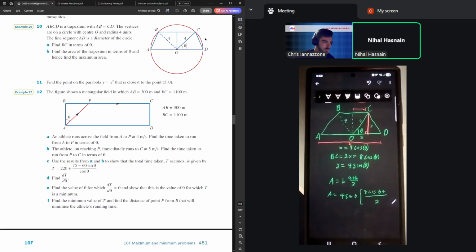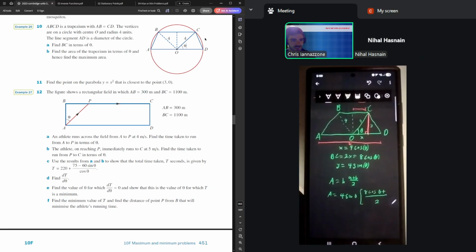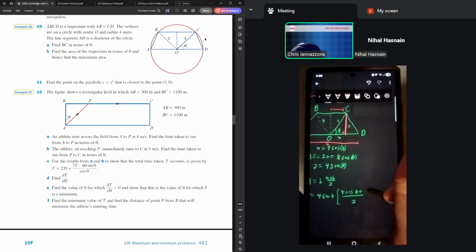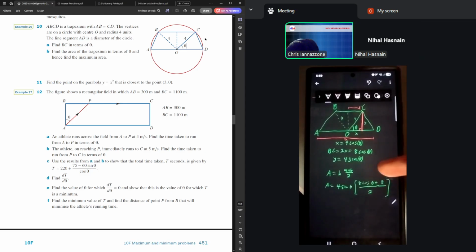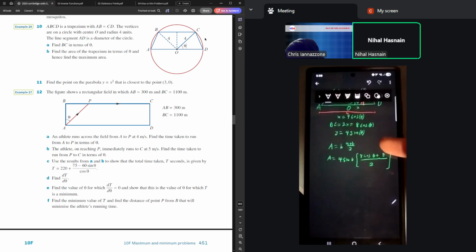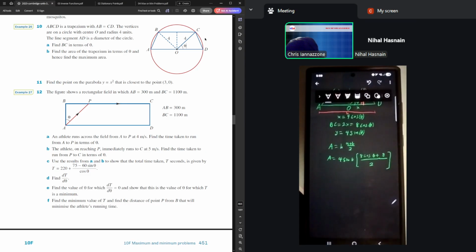AD is 8, very good, recognizing that it came from a circle and the radius is 4. Brilliant. That's our full function. Okay, we can simplify it. Let's say this is a CAS one.